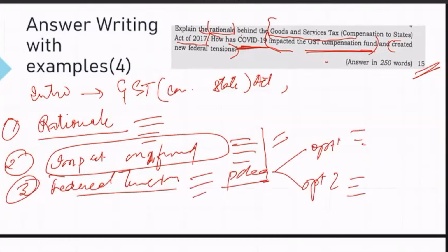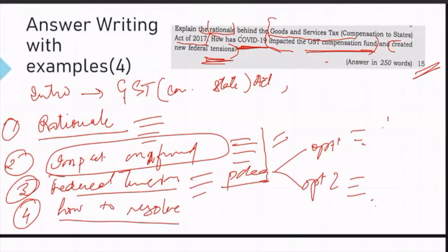Now we have talked about the issue, the tensions, but how to resolve. If you have talked about these options, you can explain this also. But it's good to always give the resolutions, how to resolve this issue.